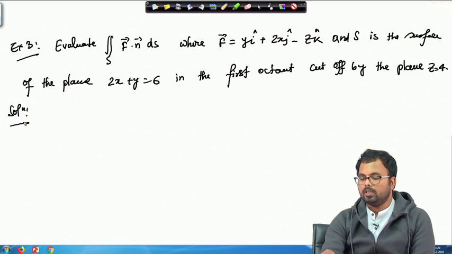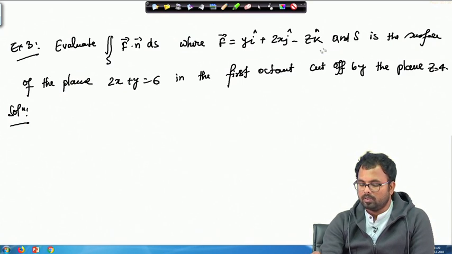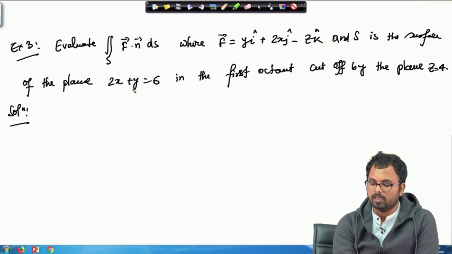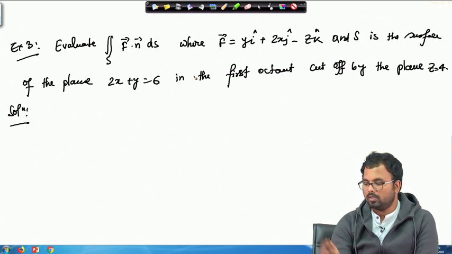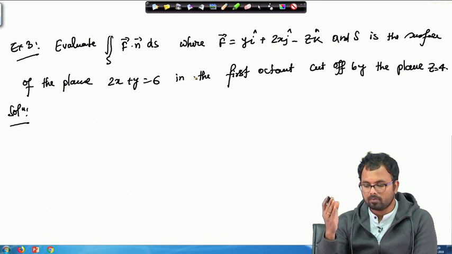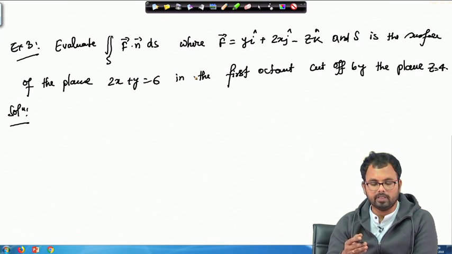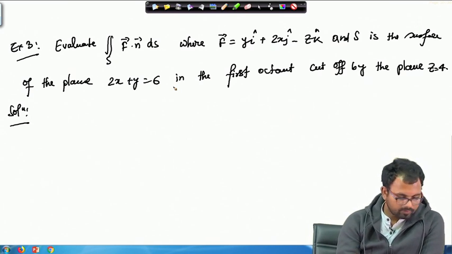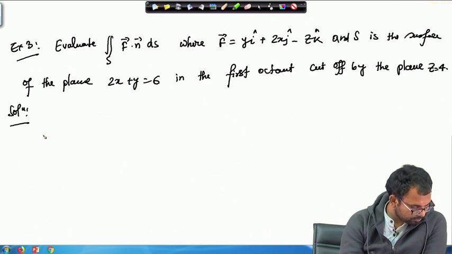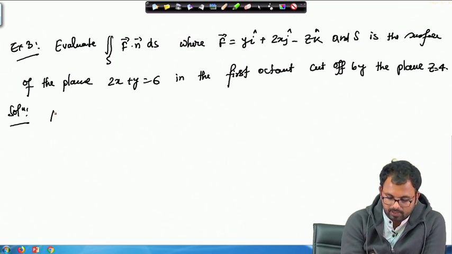So, here we have a given vector function, and S is the surface of the plane in the first octant cut off by the plane z equals to 4, right. So, that is the given equation of the surface. So, now first of all we will calculate the normal.